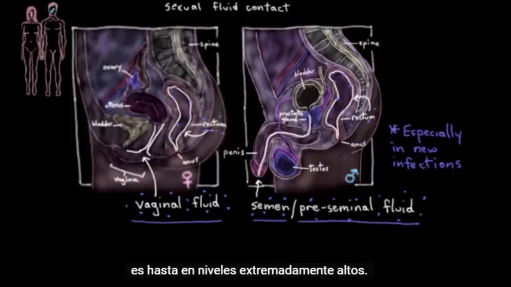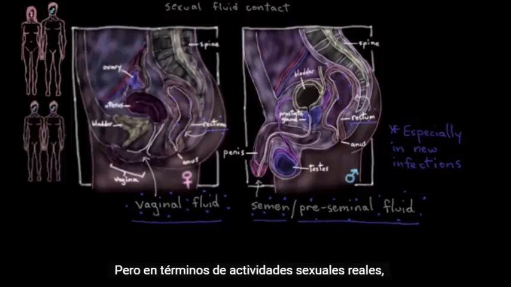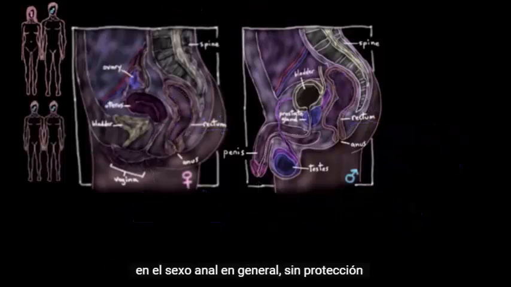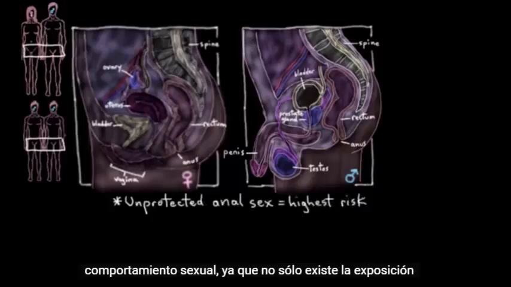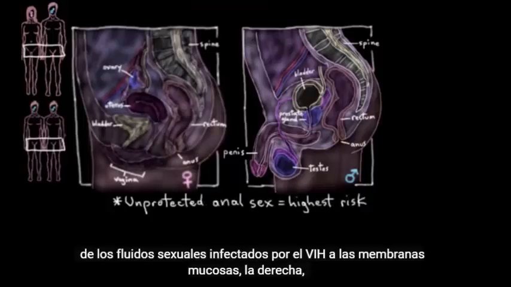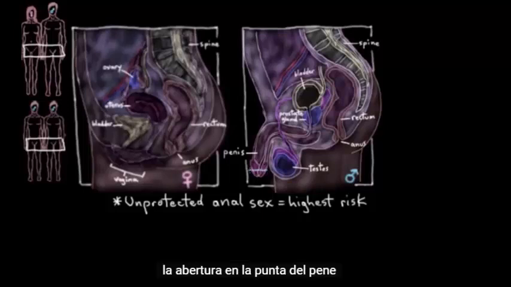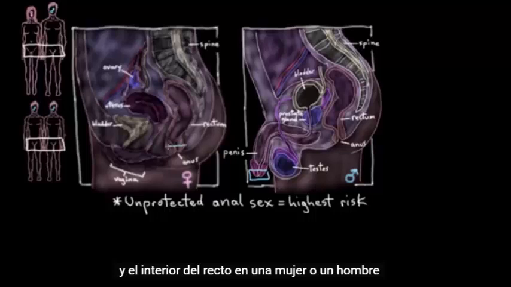But in terms of actual sexual activities, in general, unprotected anal sex with either a man or a woman is the highest risk sexual behavior, because not only is there exposure of HIV-infected sexual fluids to mucous membranes, right? The opening at the tip of the penis and the inside of the rectum in a woman or a man are mucous membranes.